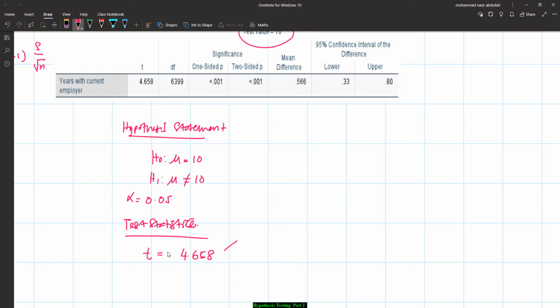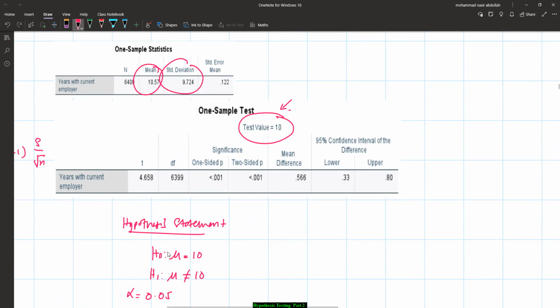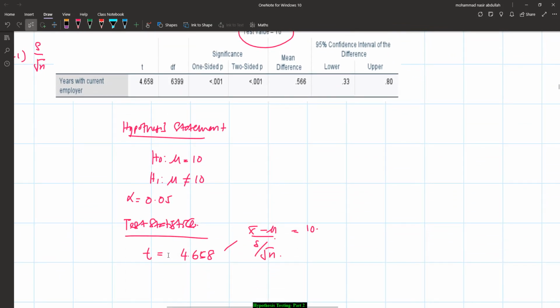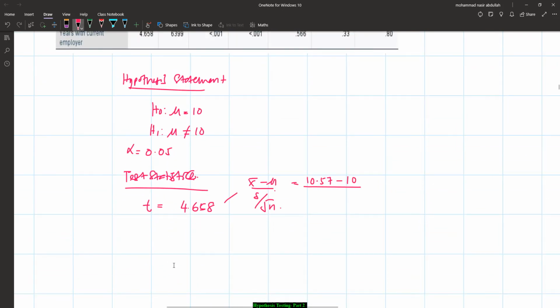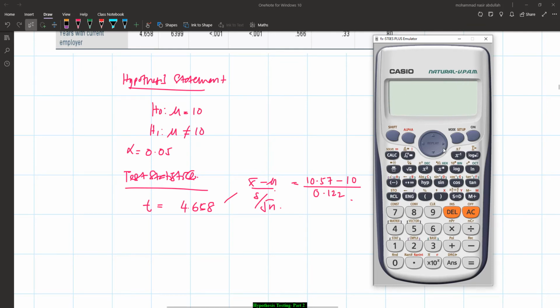This is already calculated for you: x bar minus mu divided by the standard error. If you enter the mean, 10.57 minus 10, divided by 0.1122. So 0.57 divided by 0.1122.